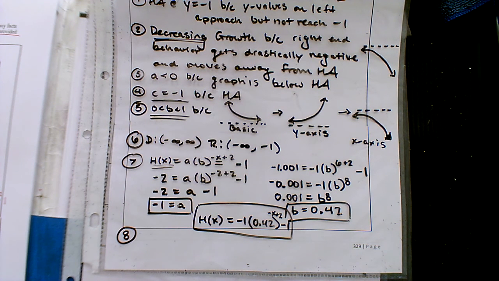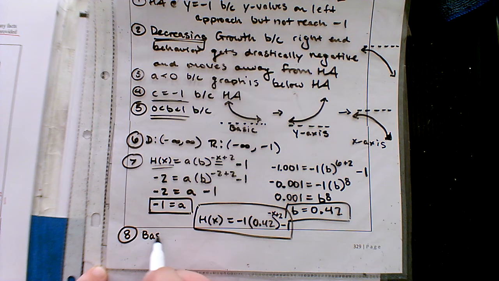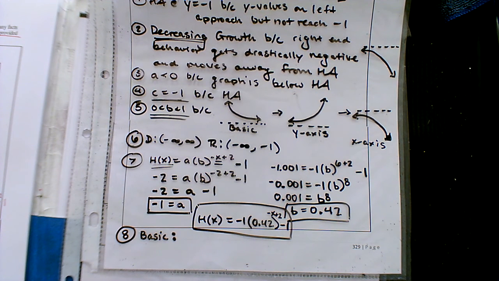On Friday, we spent quite a bit of time talking about transformations and graphing these exponential functions. Now that we know the exact equation, can we label what the basic beginning equation was and then list everything else as a transformation?